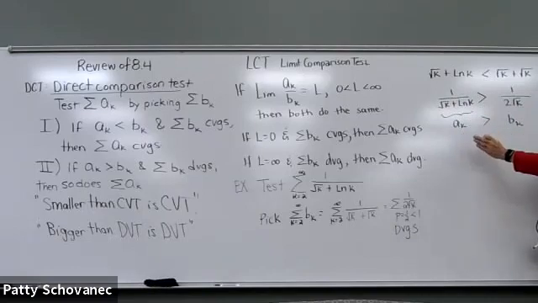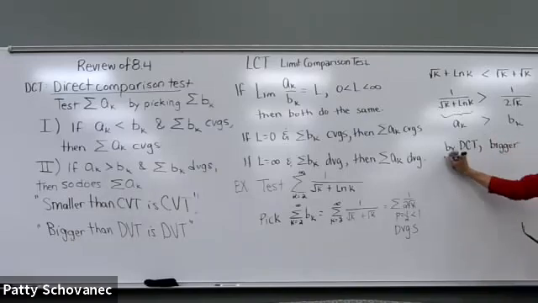By the direct comparison test, bigger than divergent is divergent. Our series diverges. So sometimes the direct comparison test is easy to do.